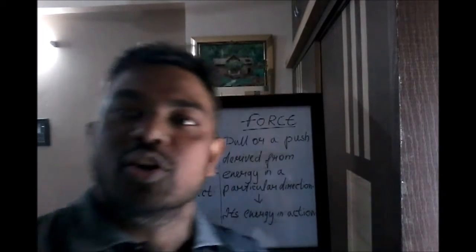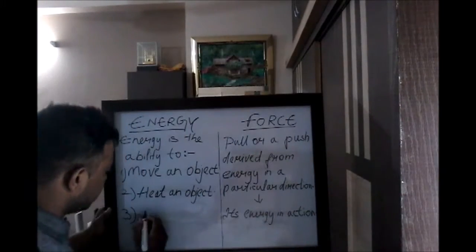You see, I'm using my muscular energy. It's not moving, it's not getting heated up, but its shape is changing. And that's another thing energy can do. It can change the shape of objects. And that's number 3 in our definition. Energy is the ability to deform an object.